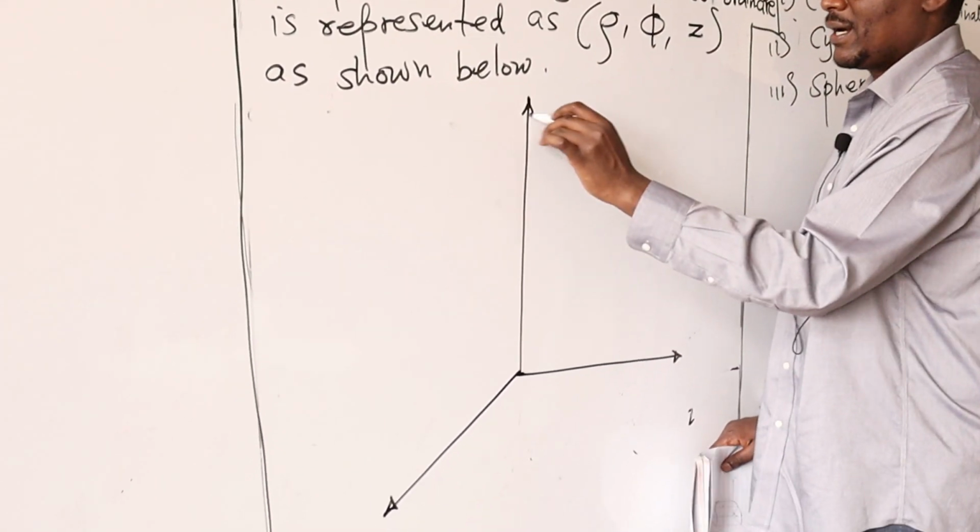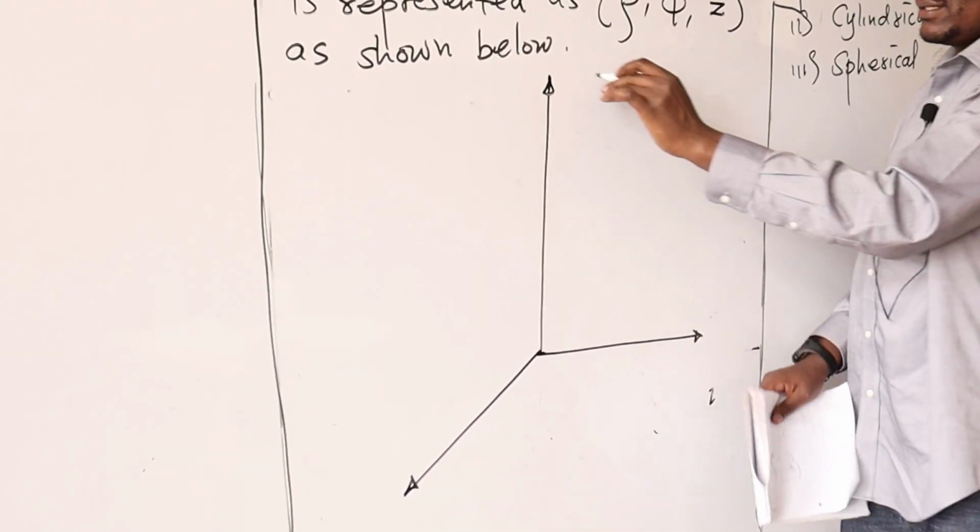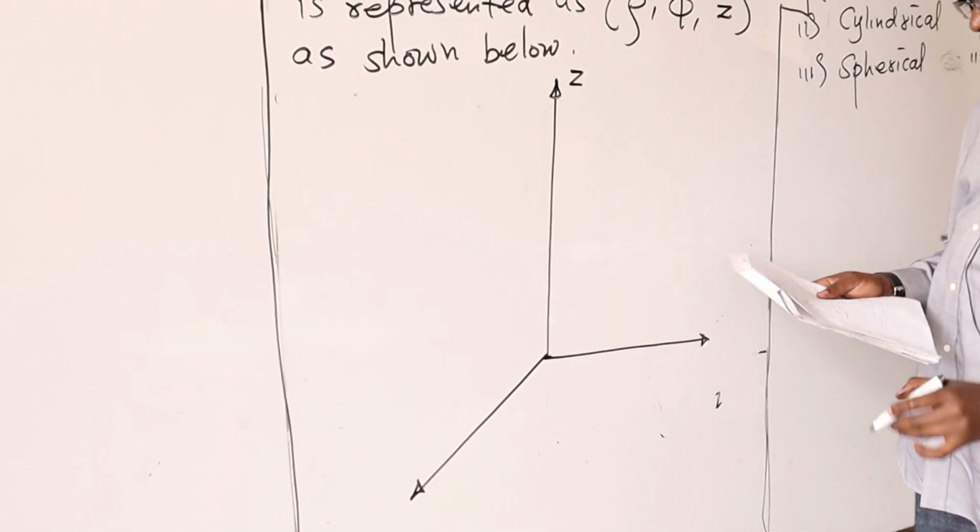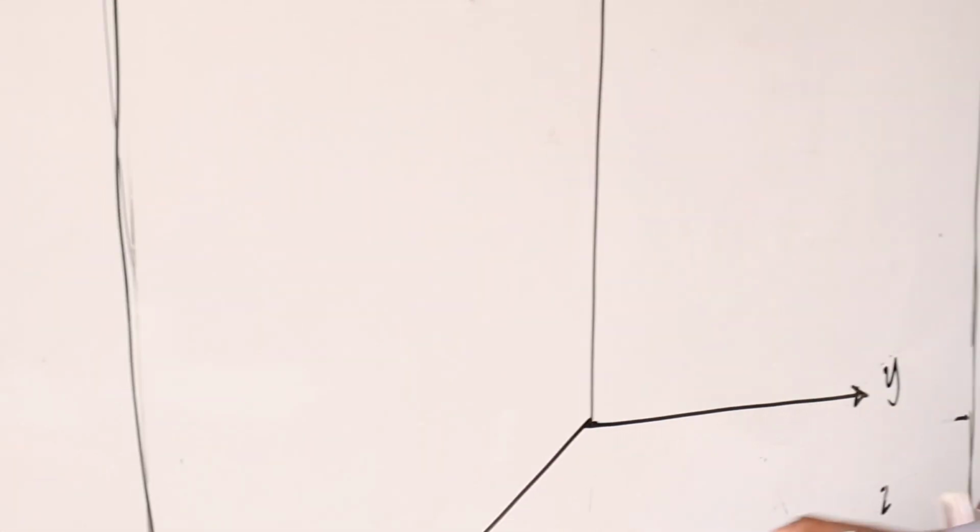We are using the right hand rule method. So this is our z-axis, this is our y-axis, and this is our x-axis.